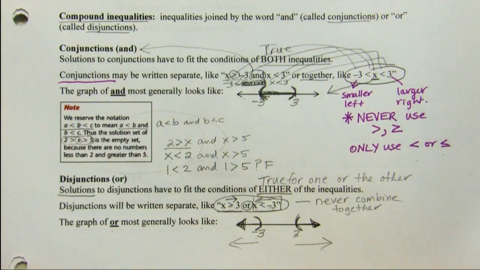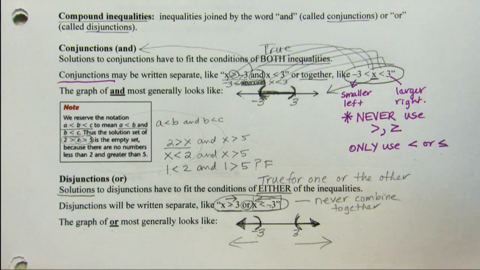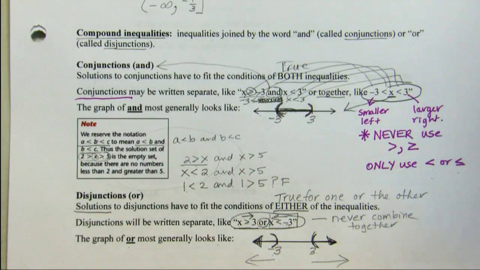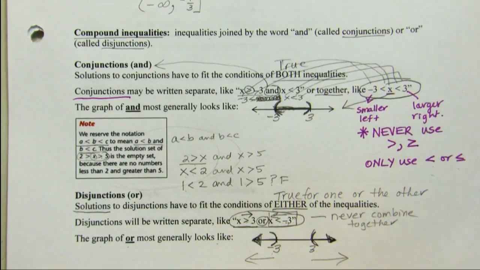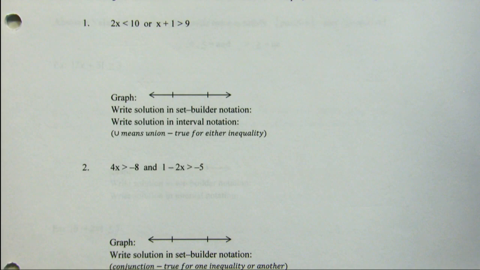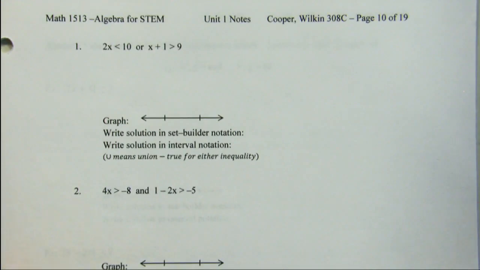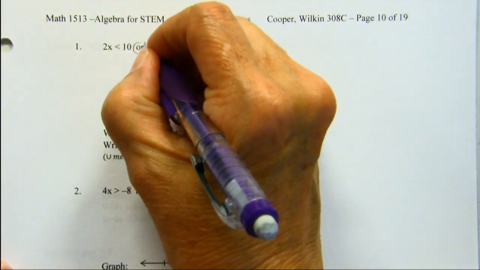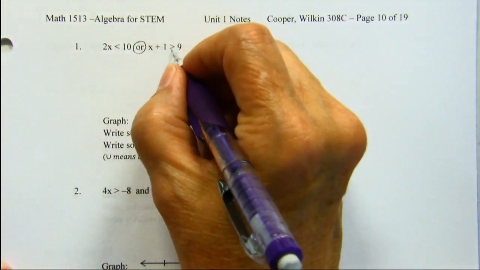Okay, now let's solve some inequalities. Some of them will be conjunctions and some of them will be disjunctions. And then we'll look at the set builder notation and the interval notation. So number 1, 2x less than 10 or x plus 1 is greater than 9.